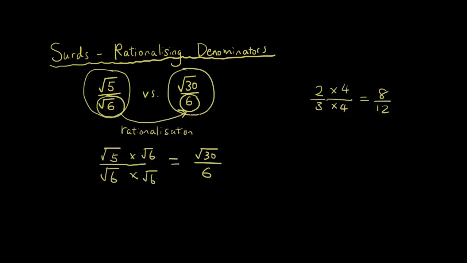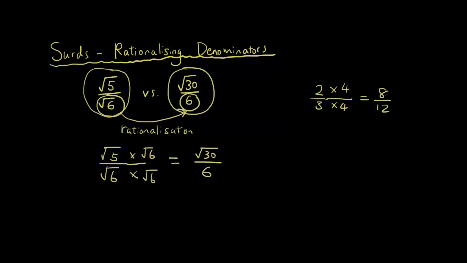So mathematicians hardly ever leave an answer in this form. They always rationalize the denominator.